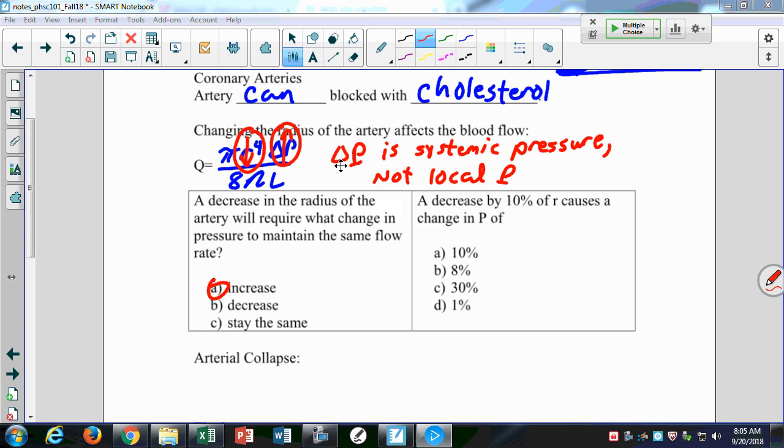Because we have this R to the fourth relationship right here, a small change in R will cause a big change in P. And so I know it's not going to be the same or smaller, so it only leaves C. You don't even have to really worry about the number, whether it is 1, 8, 10, or 30, but is it the big change or one of the smaller changes?